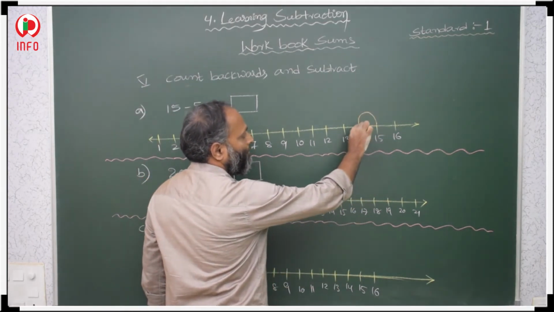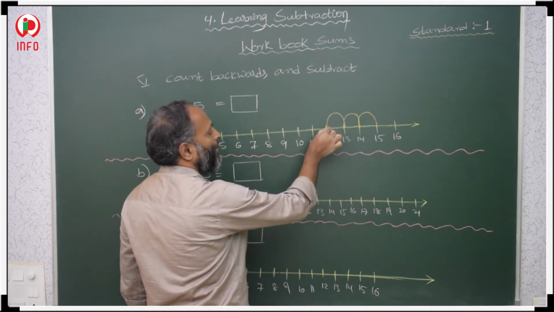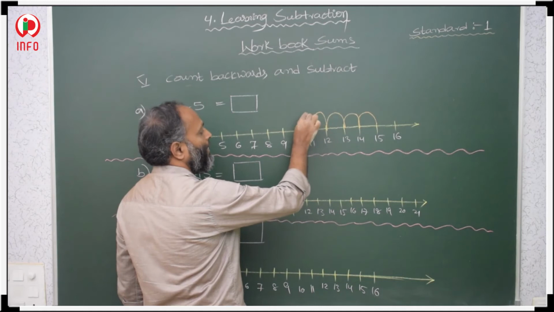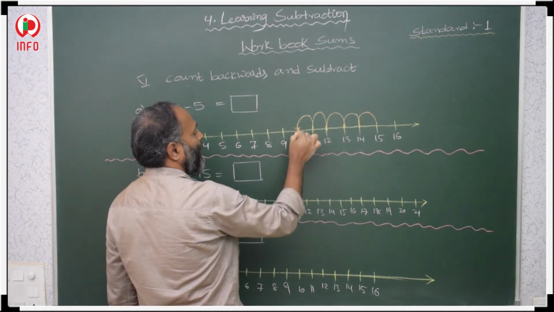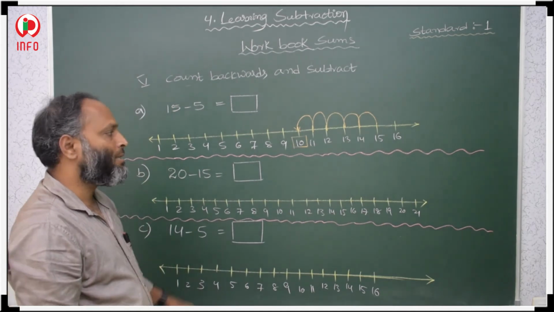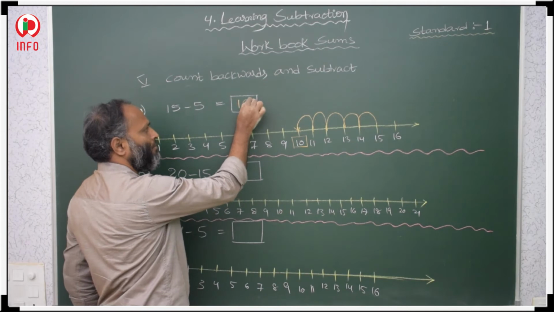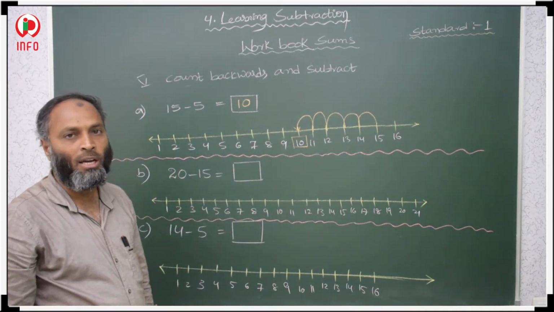This is 1, this is 2, this is 3, this is 4, and this is 5. Where does it stop? At 10. It means 15 minus 5 is 10.